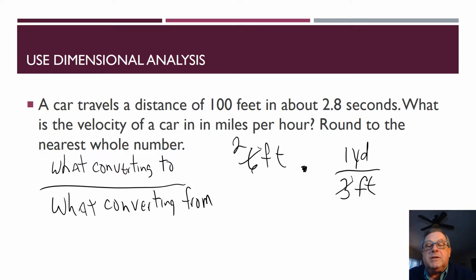Those 3 will go into 6 2 times, and then I just multiply, and this is the same as 6 over 1, by the way. Numerator times numerator, denominator times denominator, and 6 feet then is in fact 2 yards. And if you'll notice, my feet here also cancel out, and so I'm just left with 1 unit of measurement, 2 yards.